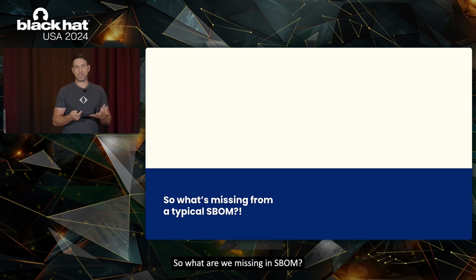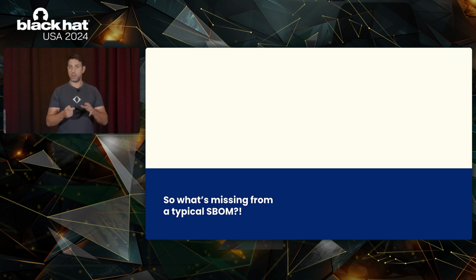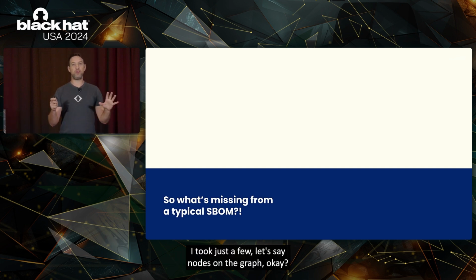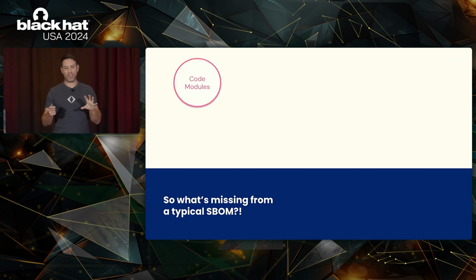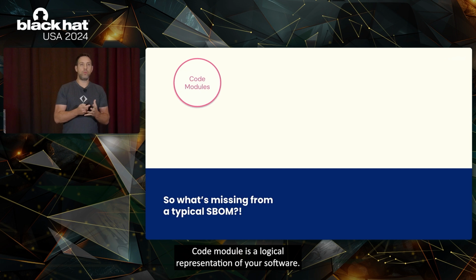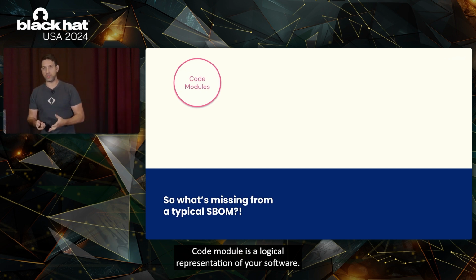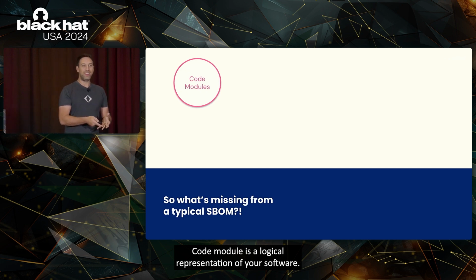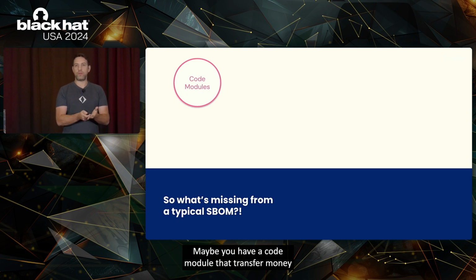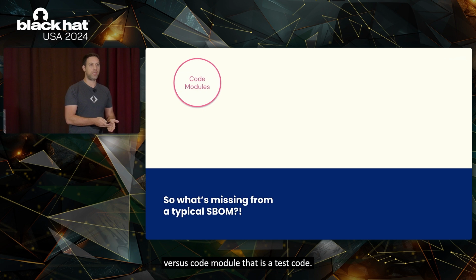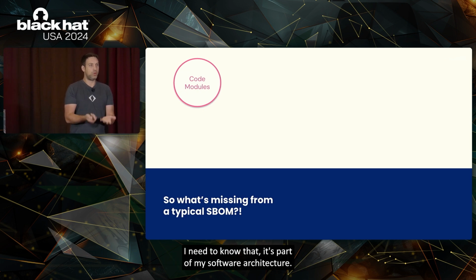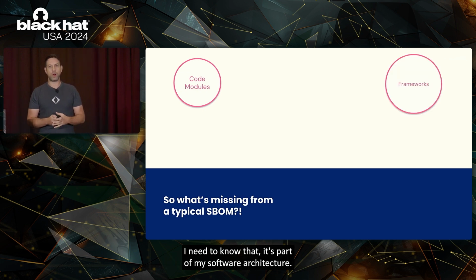So what are we missing in SBOM? I took just a few nodes on the graph. Code module. A code module is a logical representation of your software. Why is it not there? Maybe you have a code module that transfers money versus a code module that is test code. I need to know that. It's part of my software architecture.